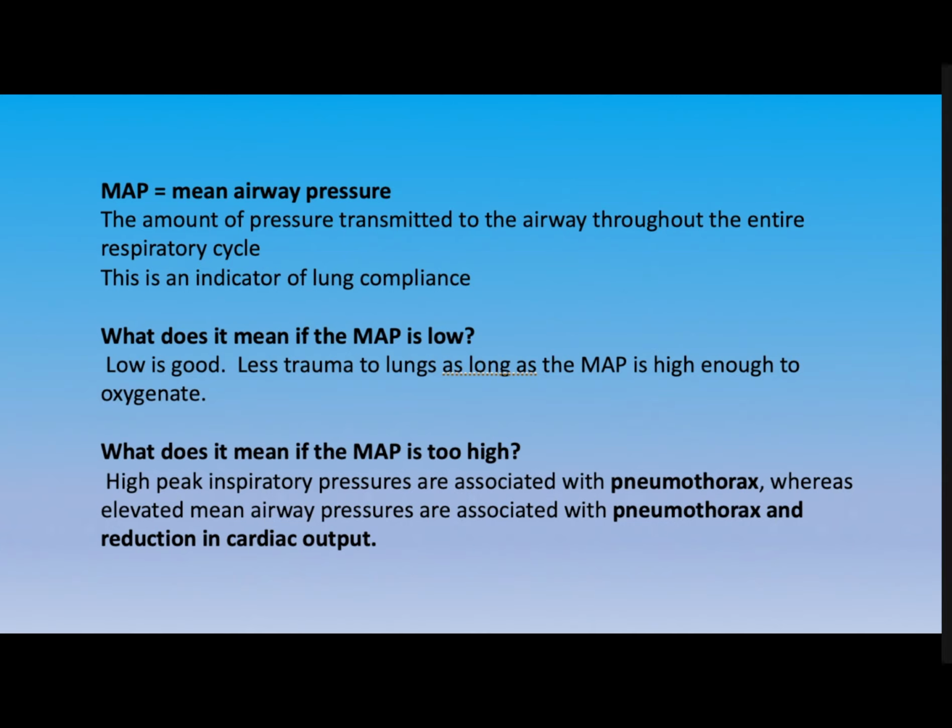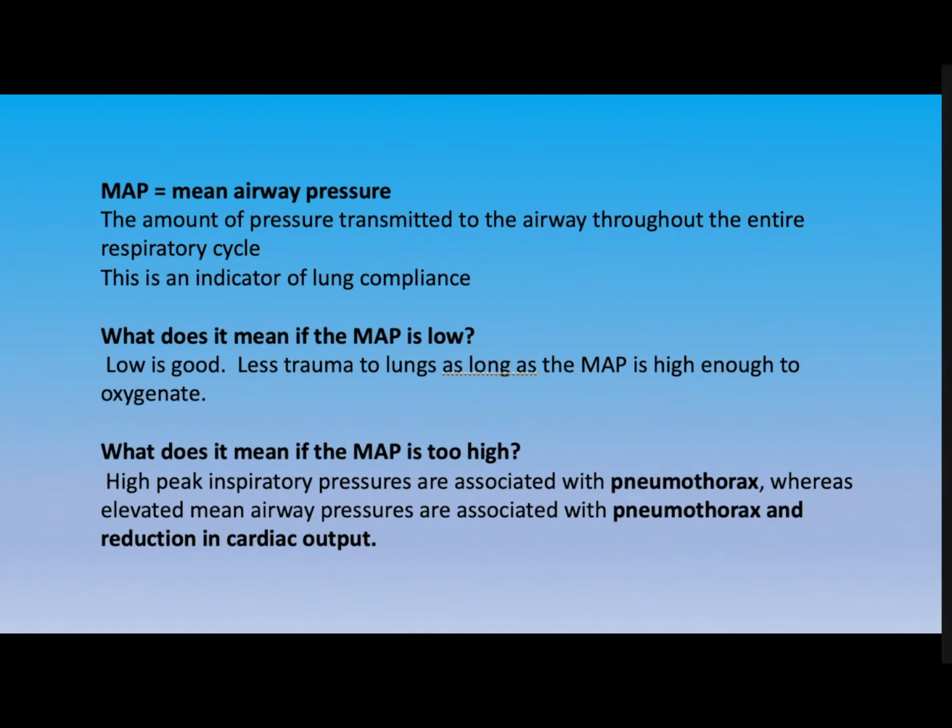So, what does it mean if the mean airway pressure is low? Low is good. That means we're using very little support, we're causing very little trauma to the lungs, and the baby is probably close to extubation. If we overshoot and use too much ventilatory support, we cause the MAP to be too high.